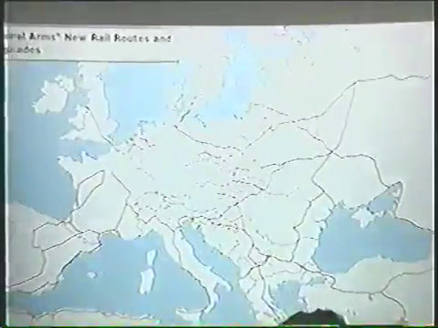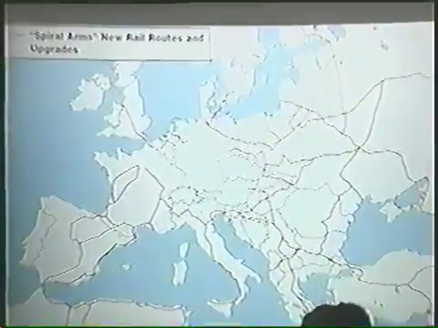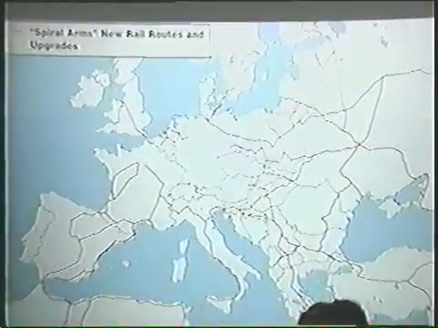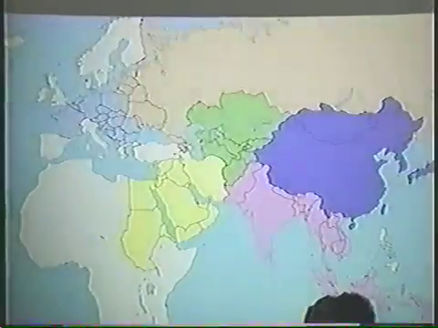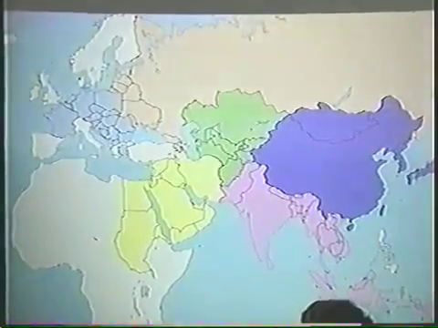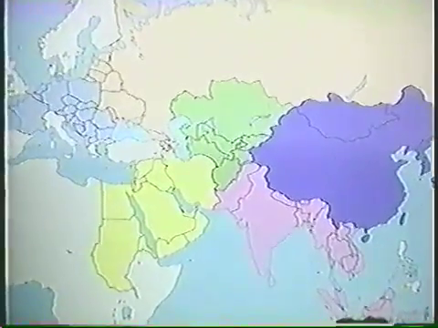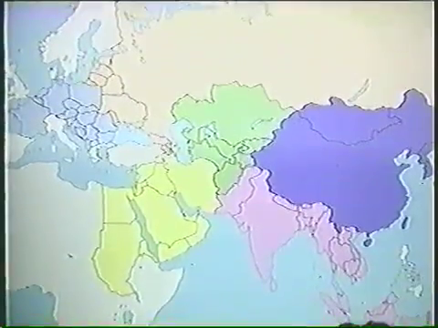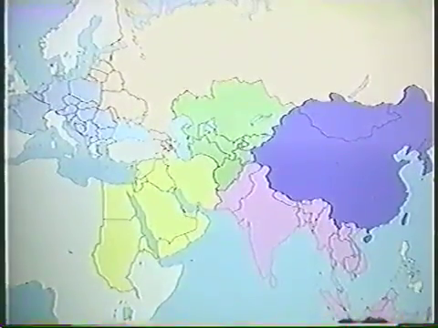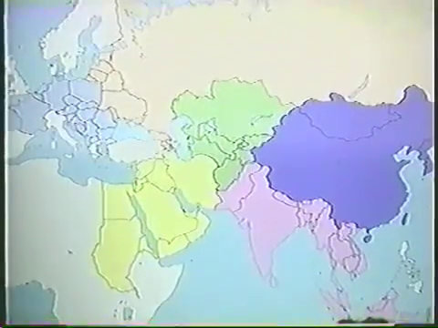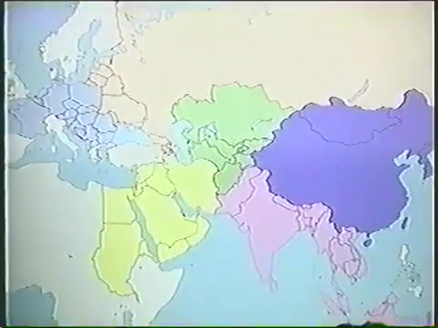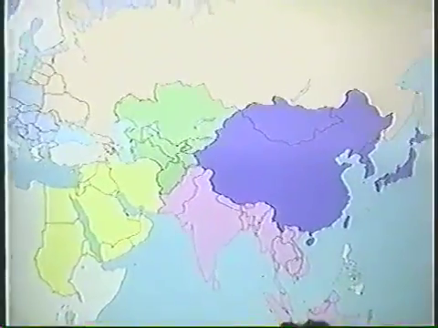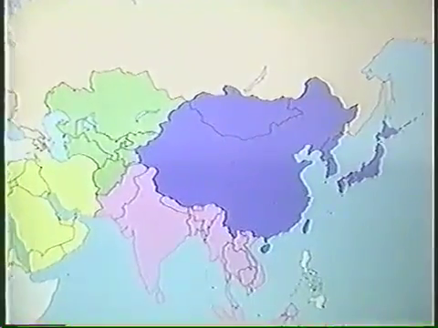Okay, next one. I think it's a combined one here now. Same thing. We have both the rail routes and the upgrades. And then the next one. Now, what we did is we divided Eurasia into these areas. You take Mongolia and China, with Japan, Korea, Taiwan, and so forth, as one unit, because there are interrelations among these economies, natural interrelations, and therefore that's a planning unit.